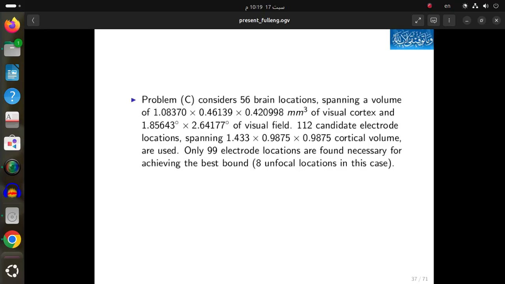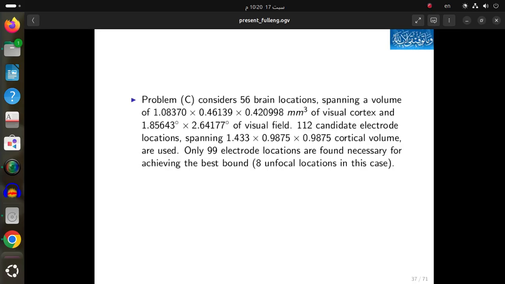After computing this bound, the next steps proceed as follows. We decrease the number of electrodes one by one, and each time we decrement the number of electrodes by 1 and resolve, and we find the degree of focality obtained, how many locations are focal according to the specified error. Usually the error we specify is 2 pixels, for example. The error does not exceed 2 pixels, and we find how many locations satisfy that the visual error for estimating does not exceed 2 pixels.